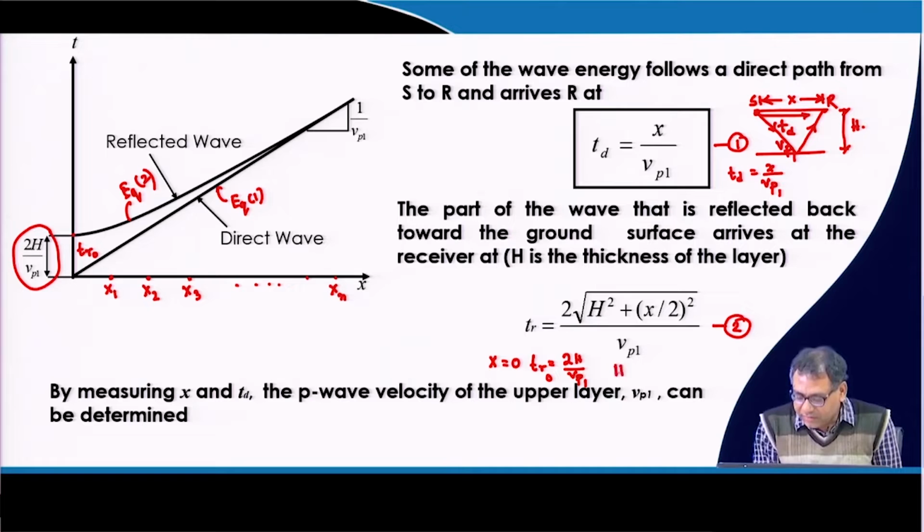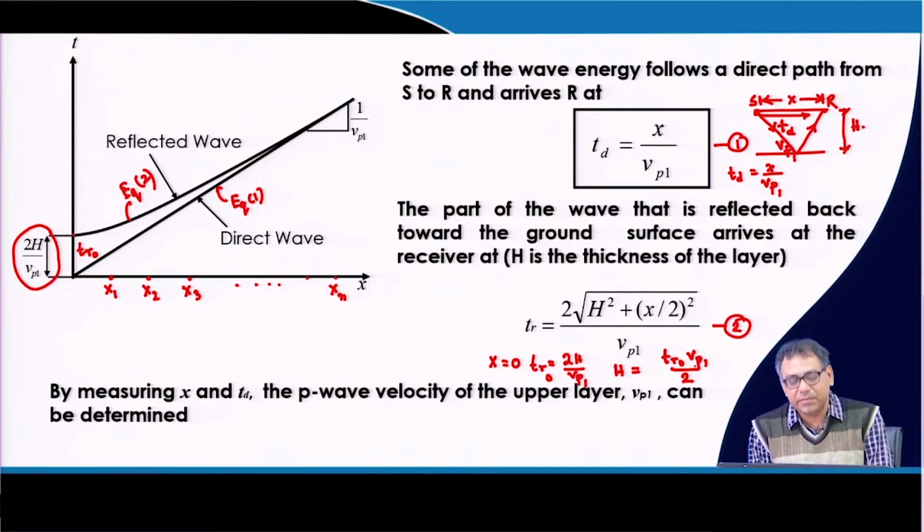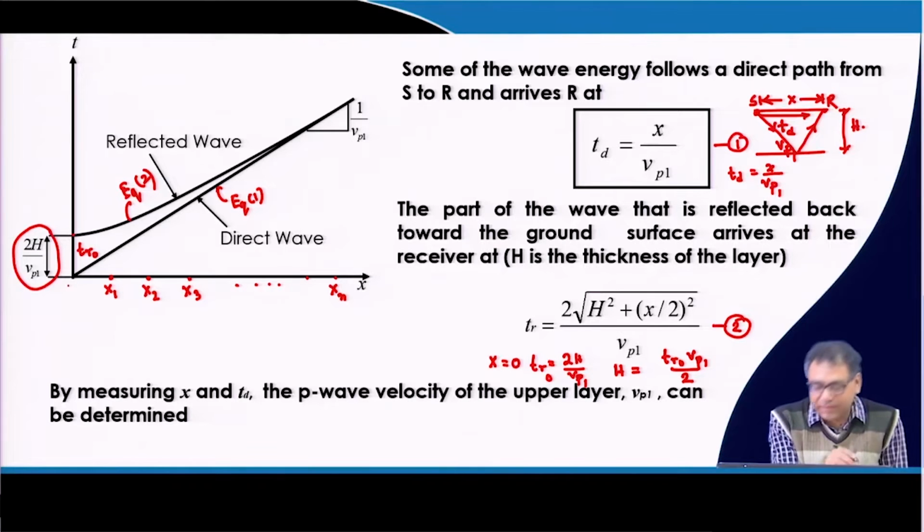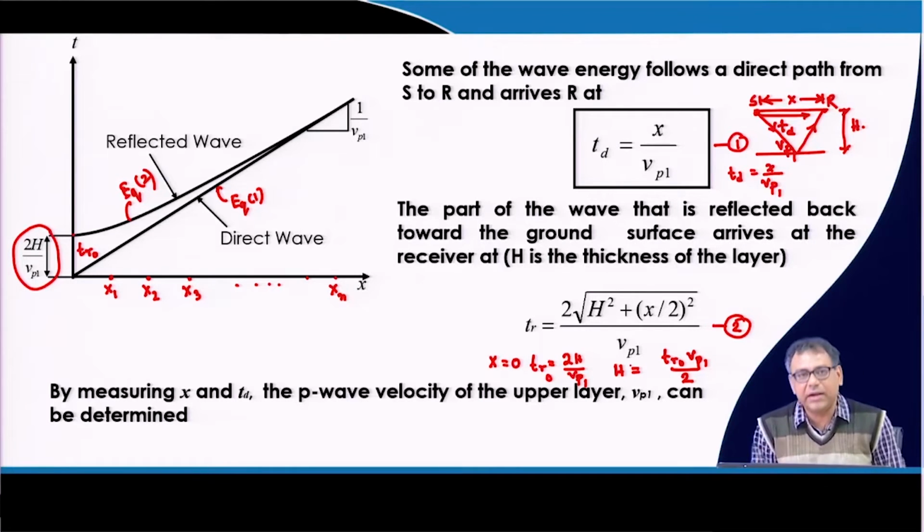So, from here I can get h equal to TR 0 times Vp 1 divided by 2. I know Vp 1 from equation number 1, the straight line, and I get TR 0 from the intersection point of the curve. Then I will get the thickness of the layer, and I will get the velocity of the wave also.